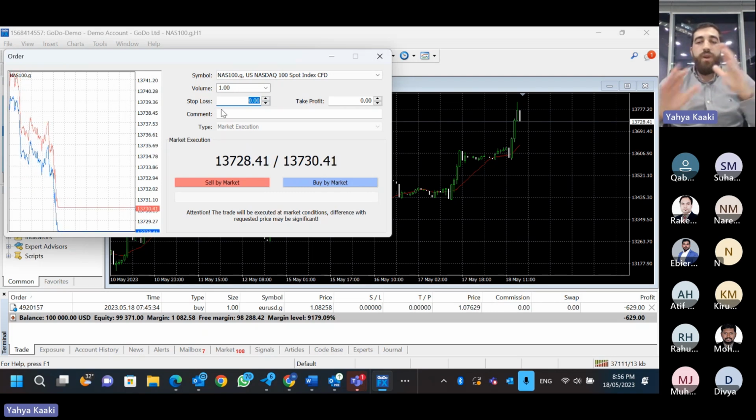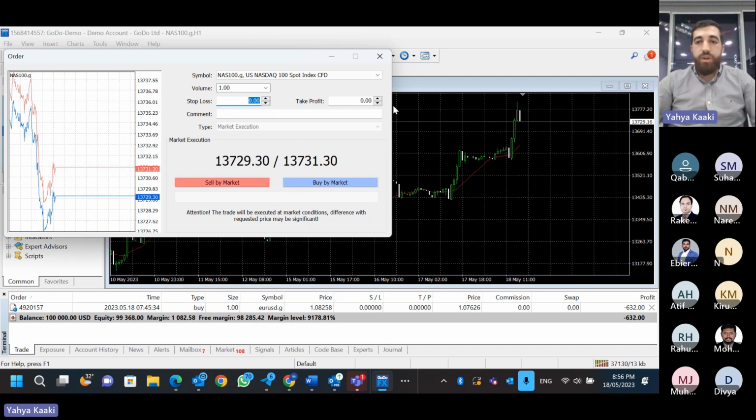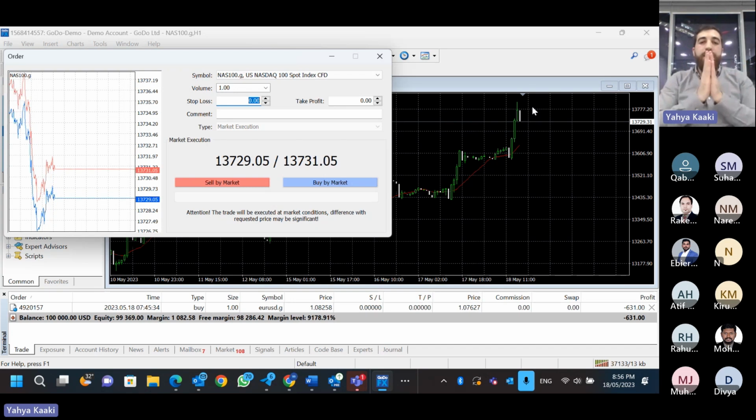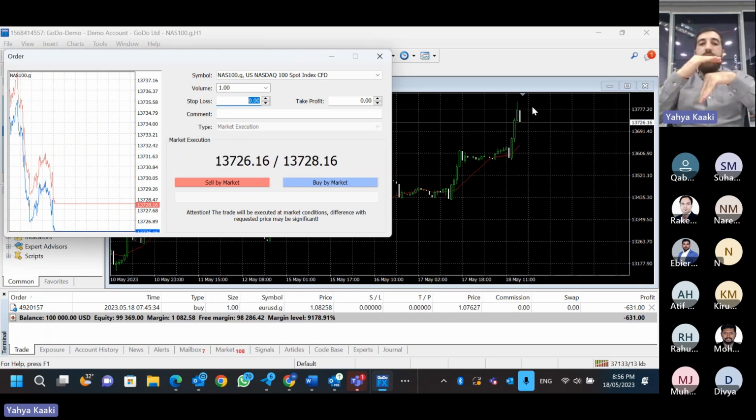This is for stop loss. Take profit, since we are taking a sell position, is always below the number we started with. So here, 13,735, take profit should always be below 13,735. Okay.